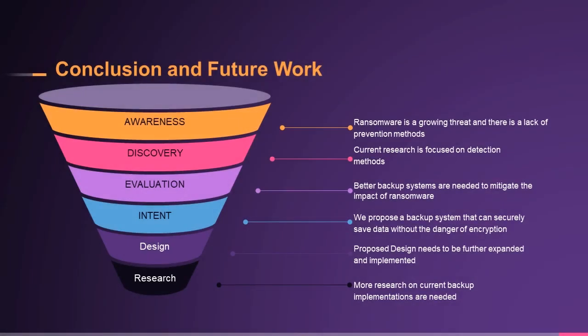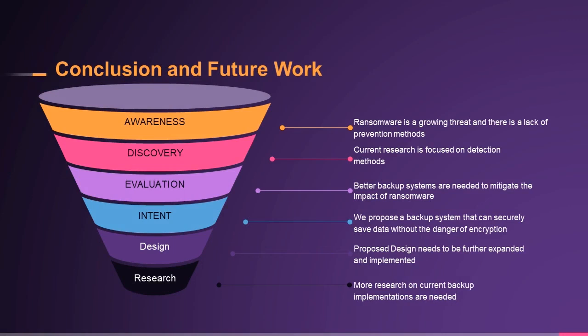So we have all this, which tells you all what we need. We need more awareness because there was quite a lack of prevention methods, while the threat of ransomware keeps on growing and growing. Then we need to discover the focus and detection methods.